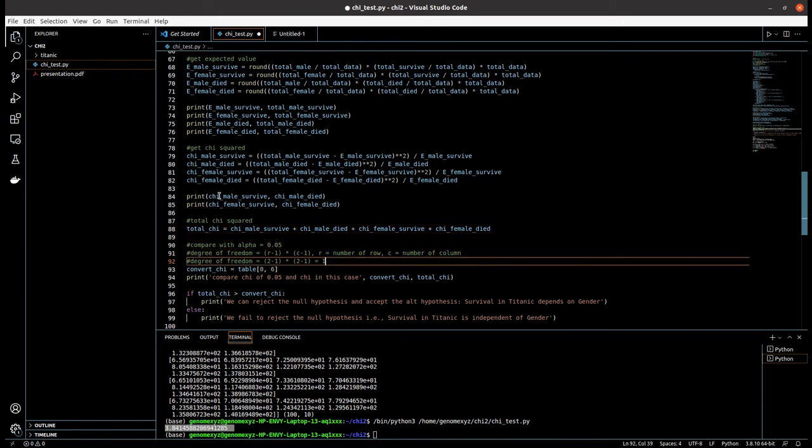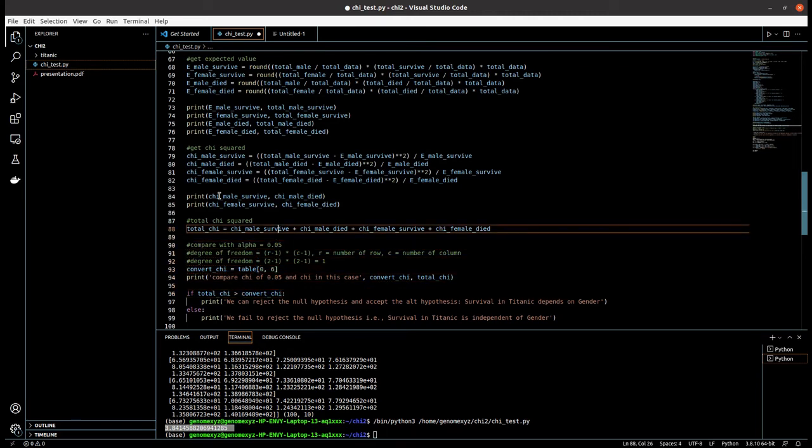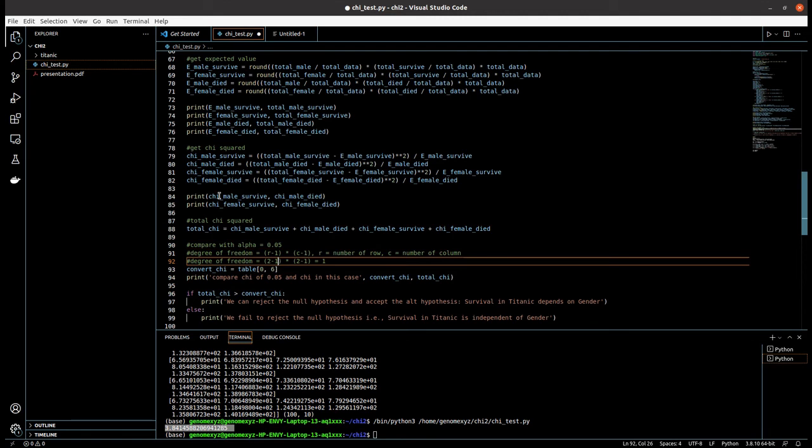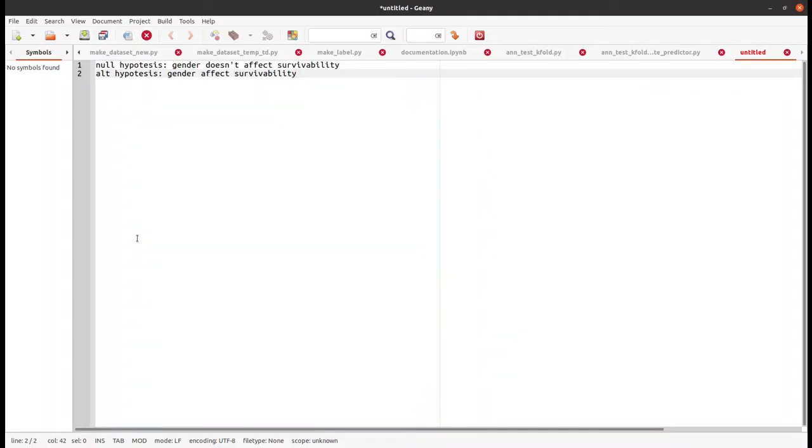And then after this is the line where we want to get the chi-squared threshold for our alpha value that I previously explained. The value is 0.6. And then after this, if our total chi-squared here surpasses the threshold chi, then we can reject the null hypothesis, that gender doesn't affect survivability.